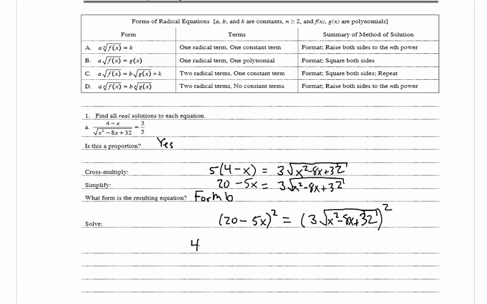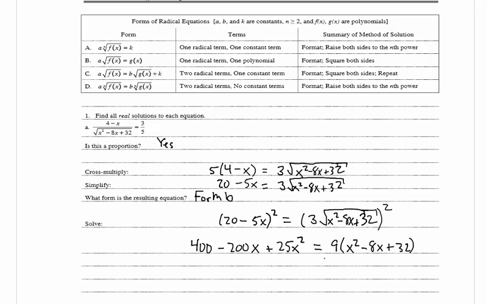So we're going to have 400 minus 200x plus 25x squared is equal to 3 squared, which is 9, times the square root of x squared minus 8x plus 32 squared, which is x squared minus 8x plus 32.